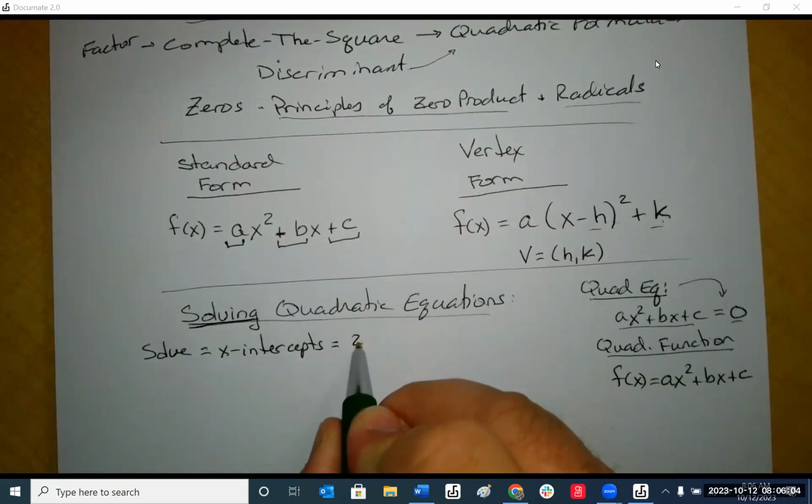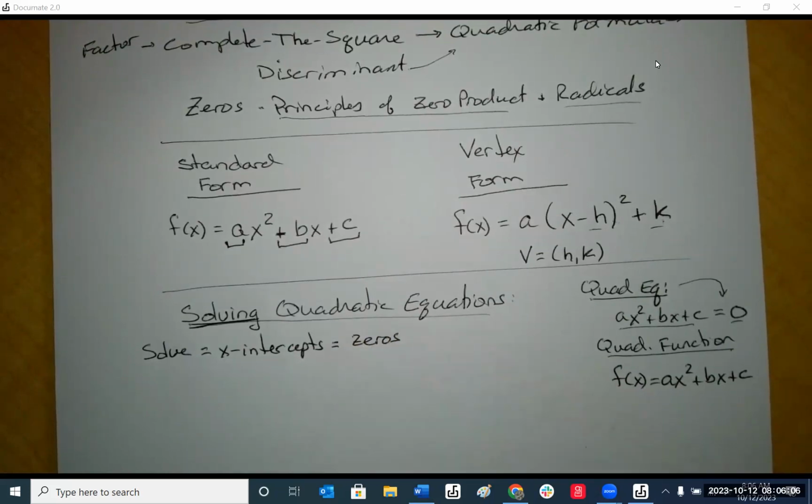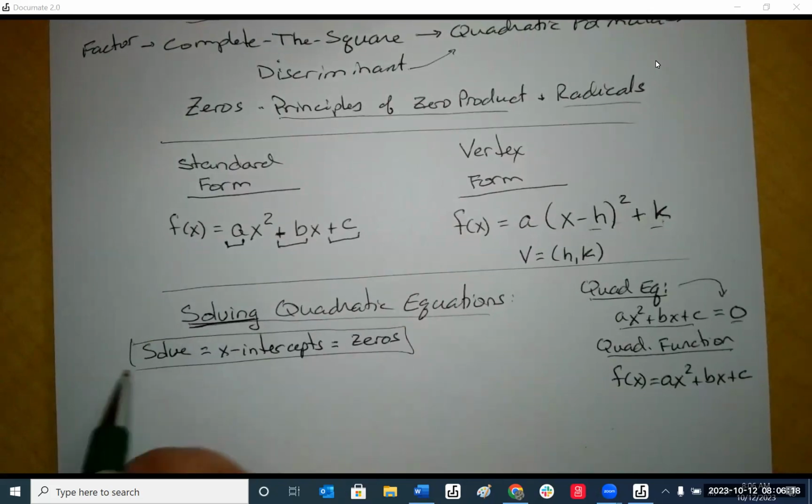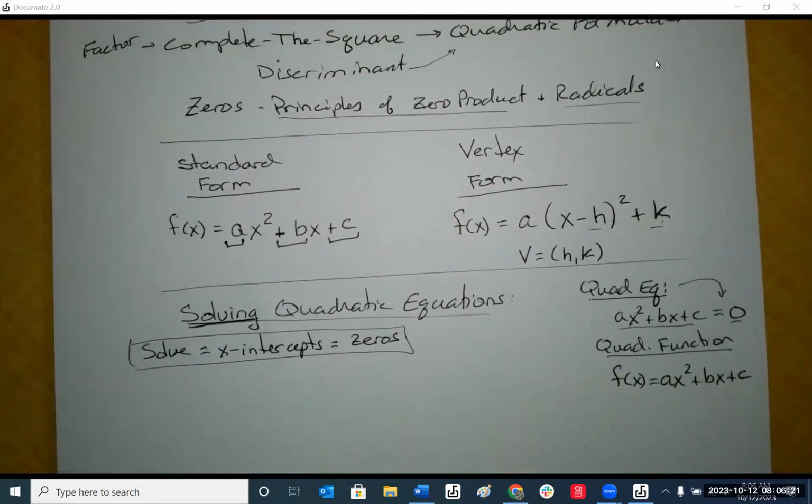They're also called the zeros. And we'll also get later on to factors or roots. But these words are interchangeable. If I say solve, or find me the x-intercepts, or find me the zeros, they all mean the same thing.